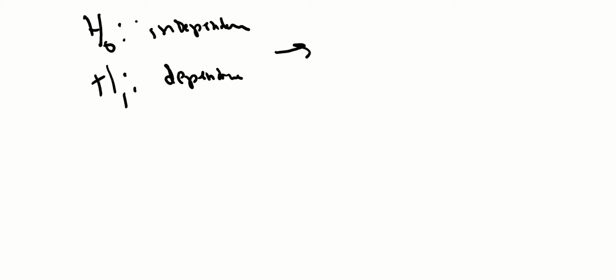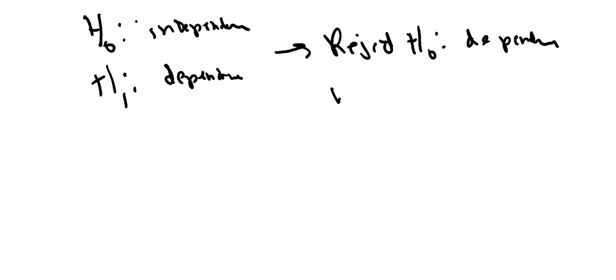Hence, if we reject the null, there's dependence. These two variables are having some kind of effect on one another.